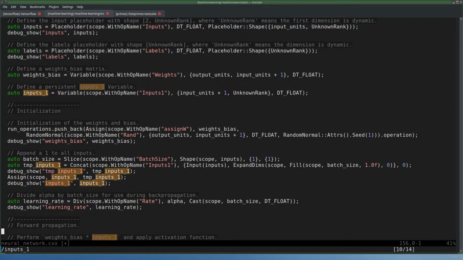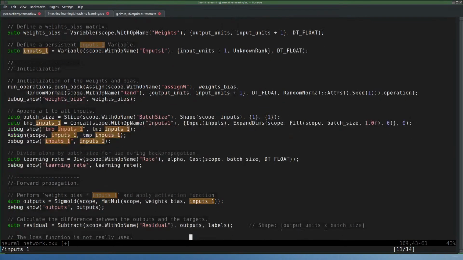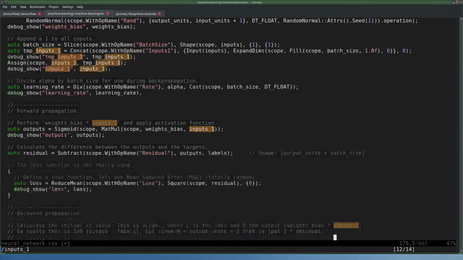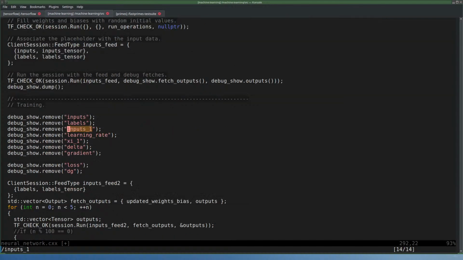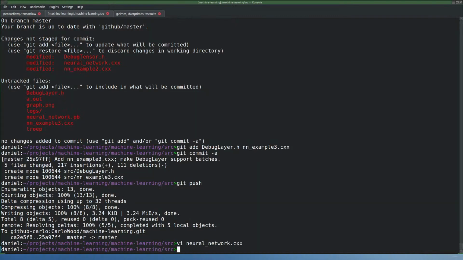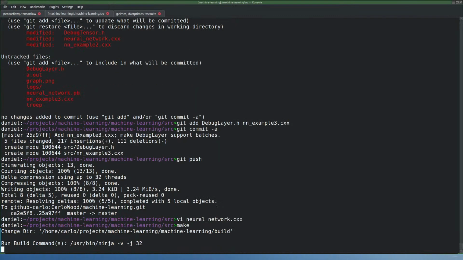See, now I have inputs one as a variable, and then assign it to input one, and then later on we use input one, just like that. Here again. Transpose of input one. No, I don't know. It's step one. Does it compile at all?